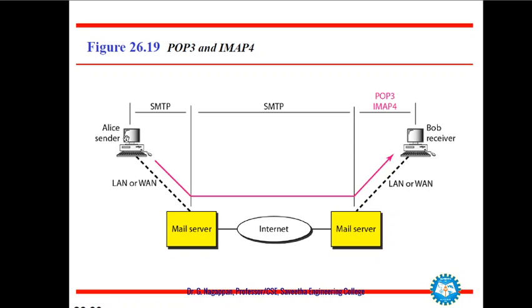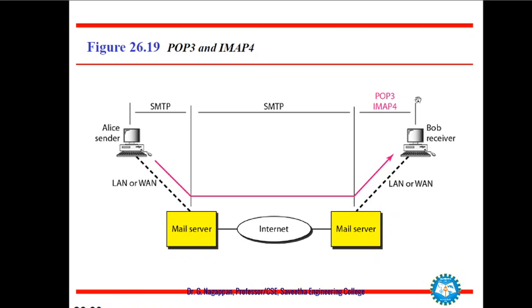So from the sender to the mail server, it uses SMTP. From this mail server, SMTP builds an automatic message and sends it to the recipient mail server. But from the mail server of the recipient, in order to receive the data, the receiver has to access the mail from the mail server.